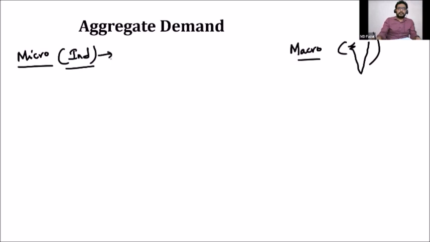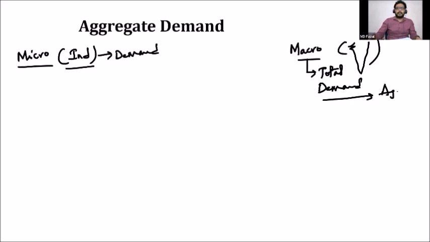So individuals demand, and macro means total, all the units, total demand. So what do we call total demand? Aggregate demand.